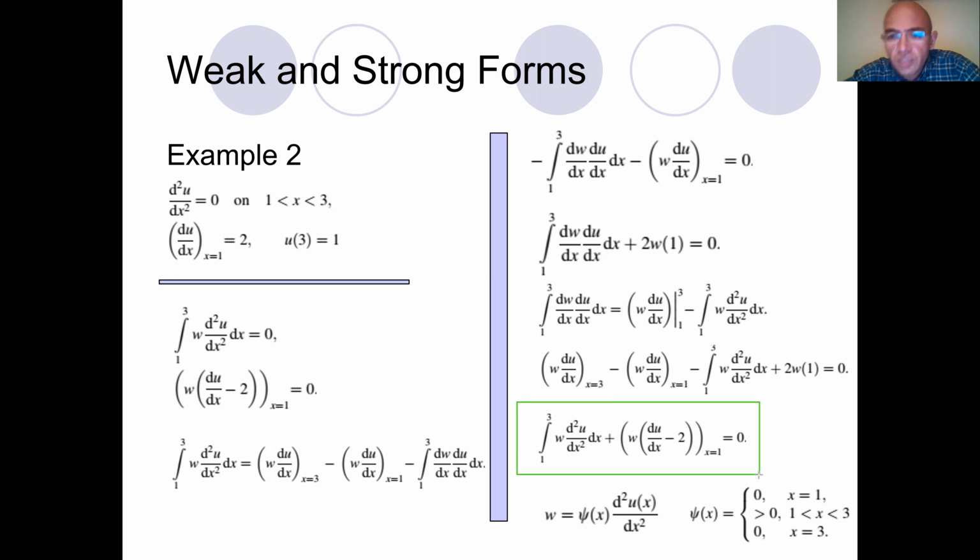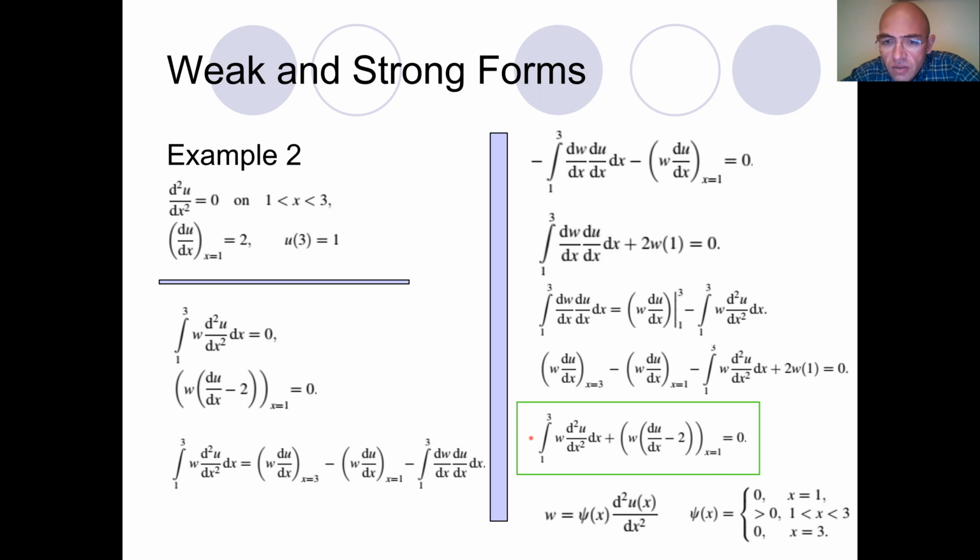Here we have an integral from 1 to 3 of w d²u/dx² dx plus w multiplied by du/dx minus 2 at x equal to 1, and this expression has to be equal to 0.